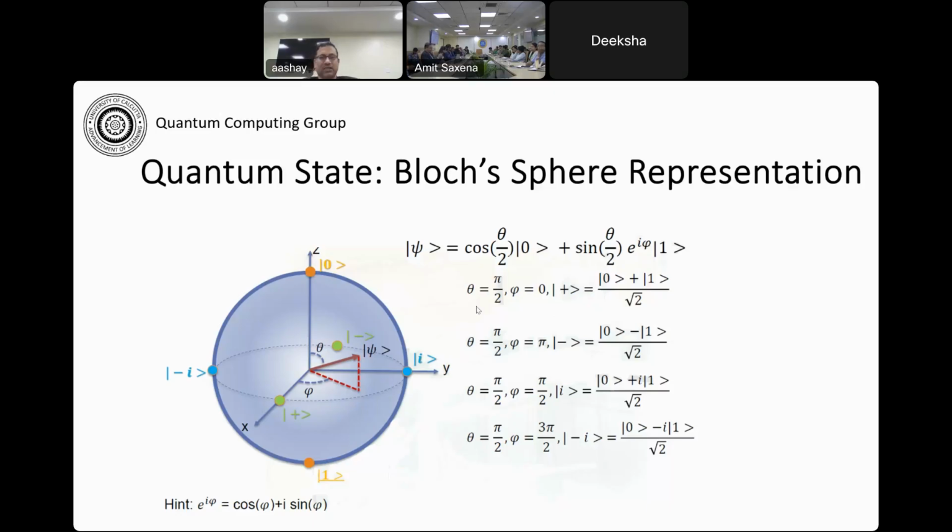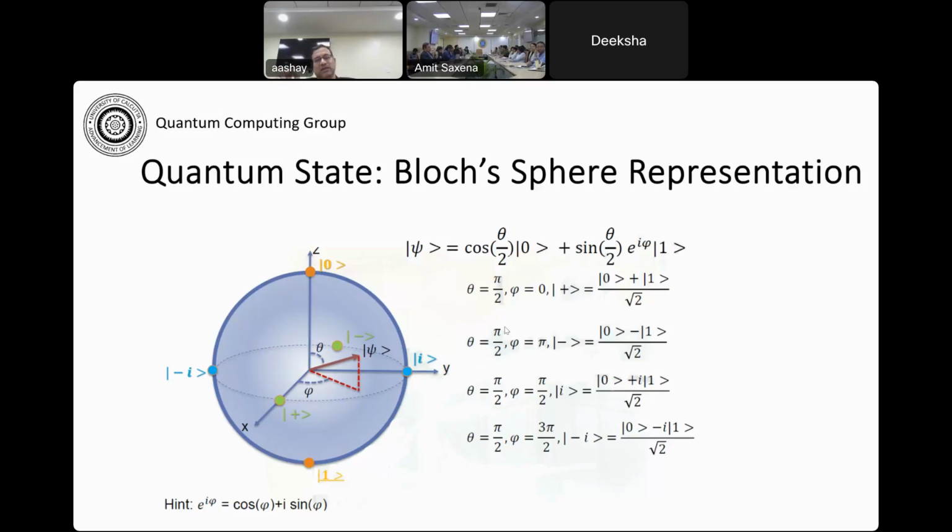But what happens when the qubit is on the surface of the Bloch sphere? The arbitrary state psi, which is shown in this figure, is a state on the surface of the sphere, right? And this state can also be considered as a vector which starts from the origin and touches that point on the surface of the sphere.